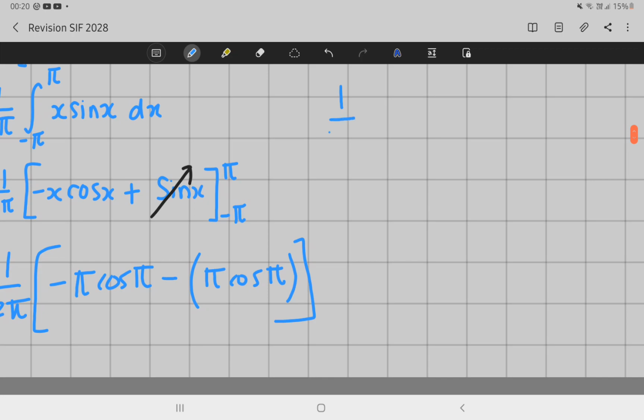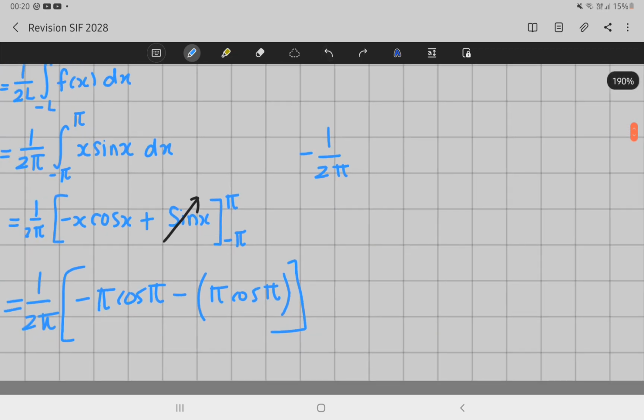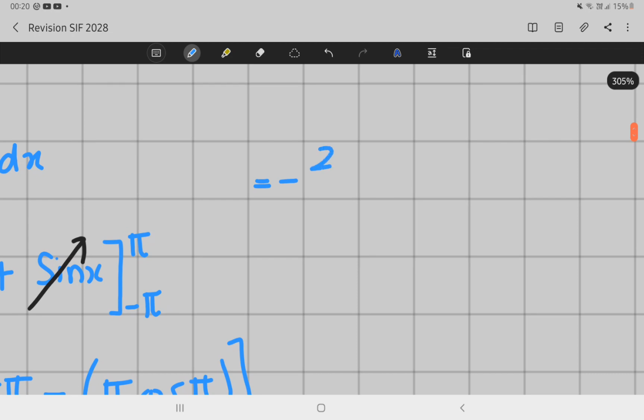So it's 1 by 2 pi times minus pi minus 2 pi, because minus 2 pi over 2 pi, cosine of pi.